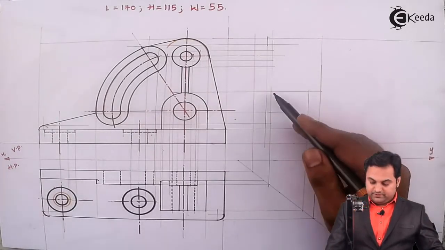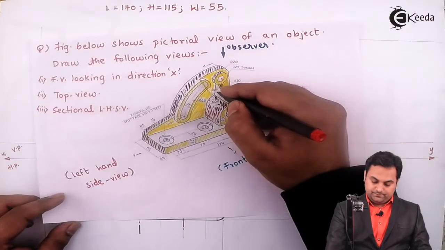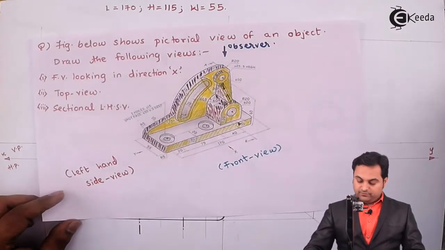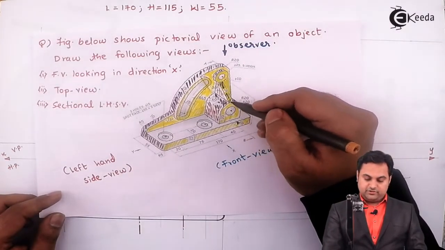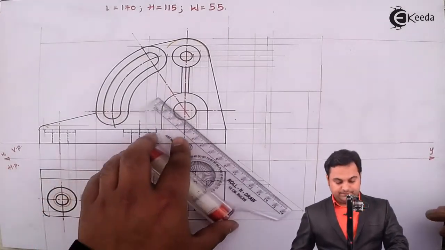So this much part is seen from the side. Then the rib portion is also visible from the side, connecting this circular surface and this semicircular portion, so that rib is seen as an inclined line.